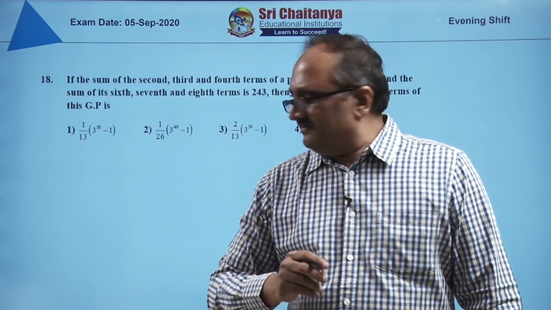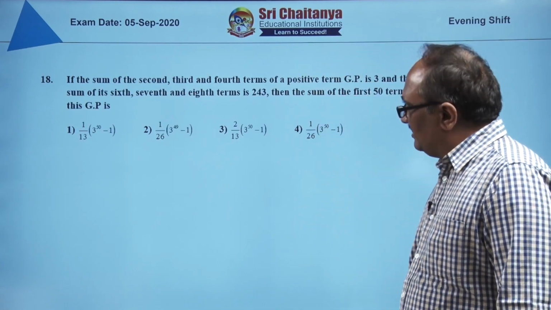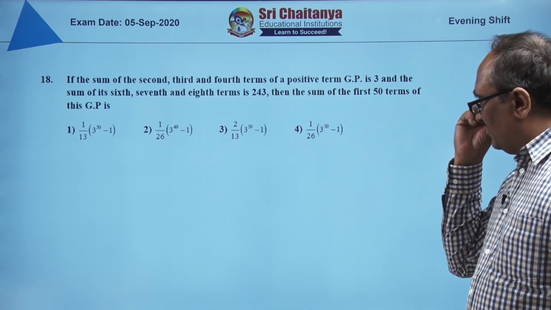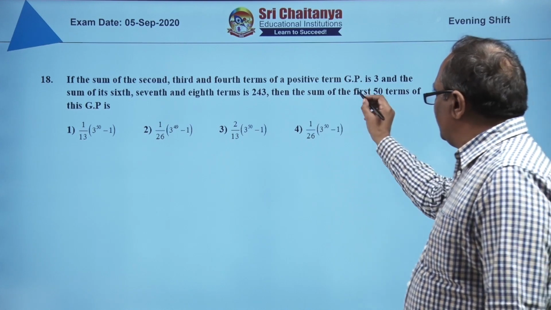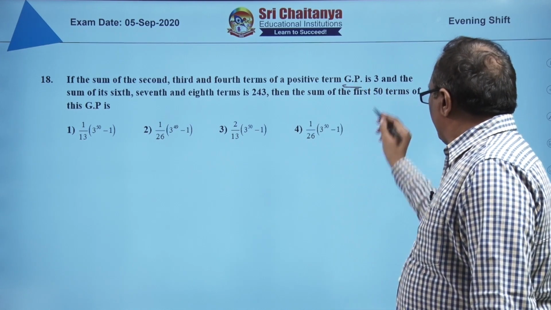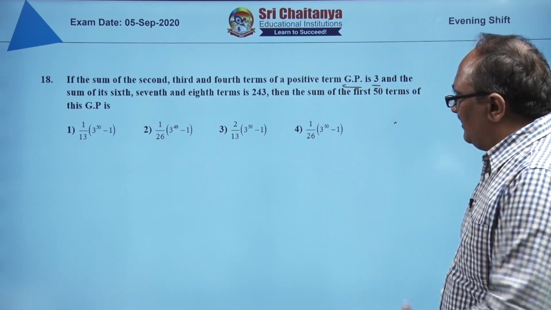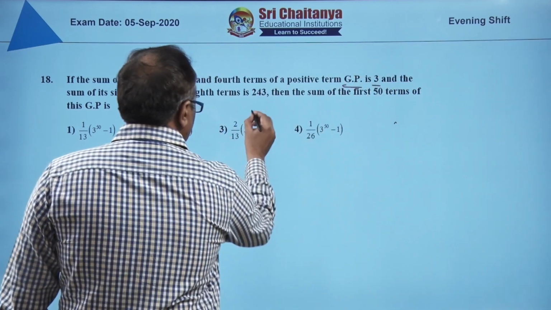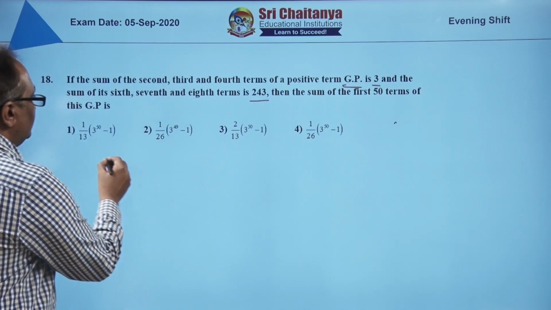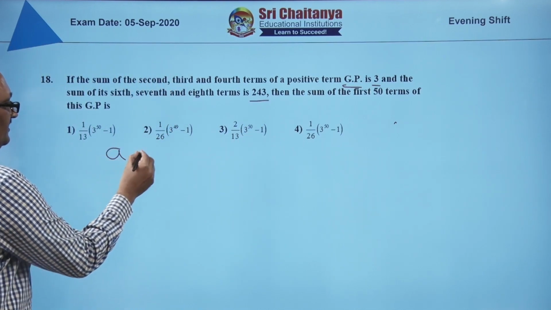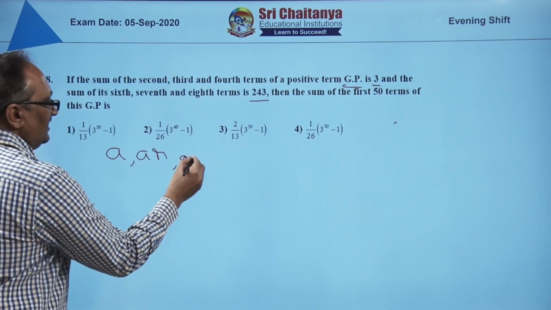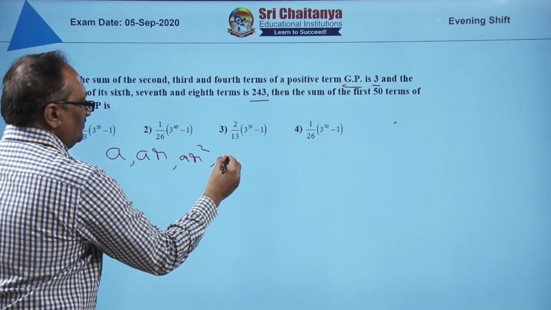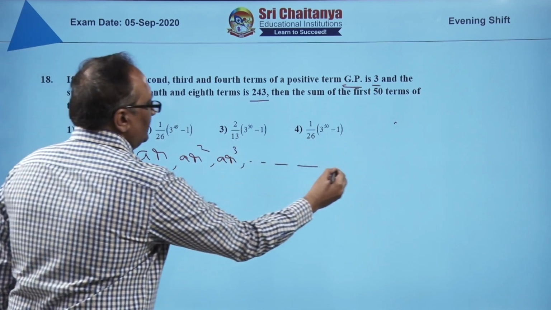Coming to the next question, that is 18th question. The sum of the second, third, fourth terms of a positive GP is 3, and the sum of sixth, seventh, eighth terms of the GP is 243. Consider the GP with first term a: a, ar, ar square, ar cube, and so on.